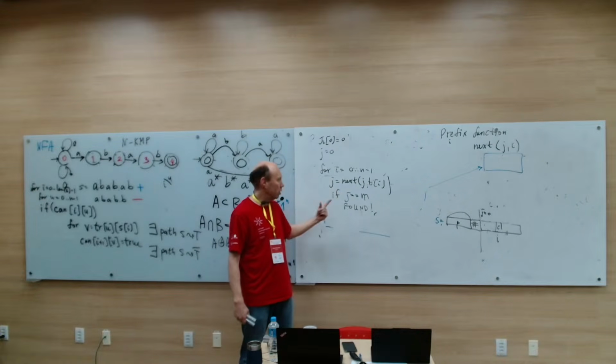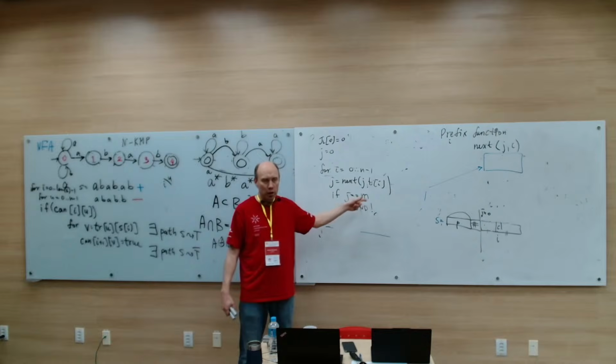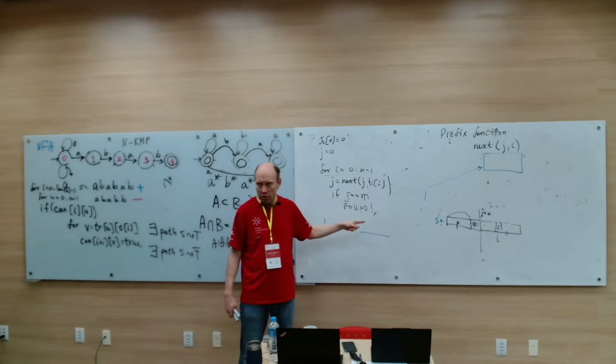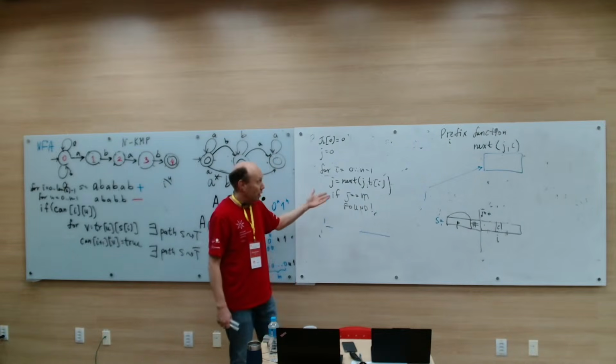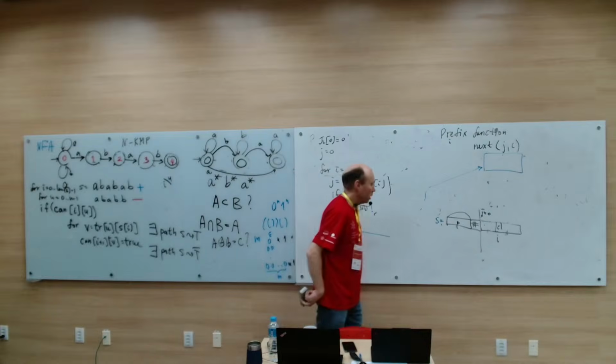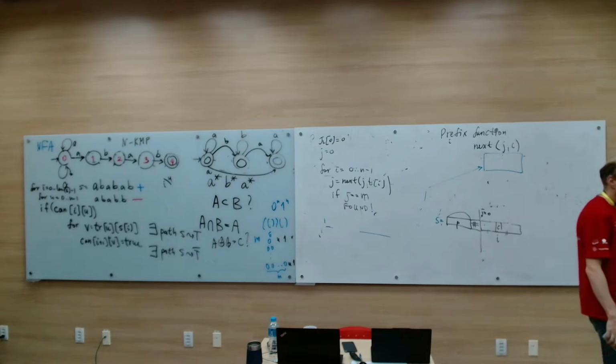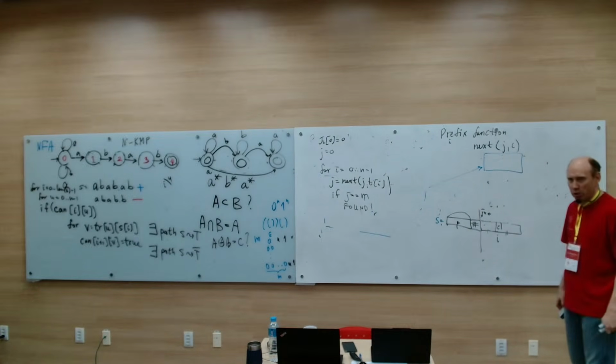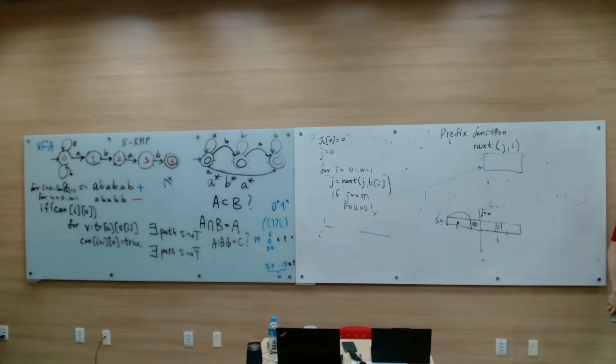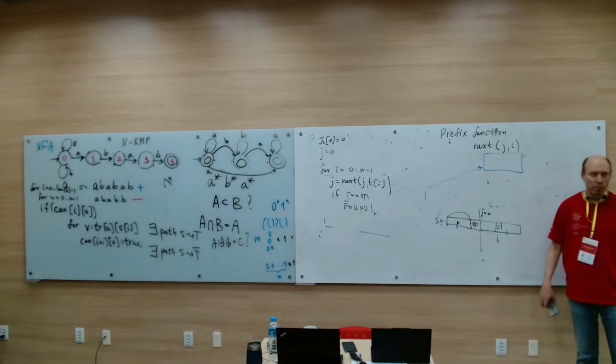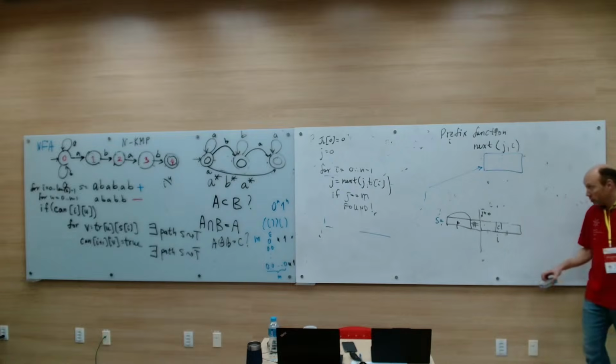And if we are in the terminal state, then we have found something. This automaton that corresponds to the prefix function is called the prefix function automaton, or alternatively the KMP, Knuth-Morris-Pratt automaton.